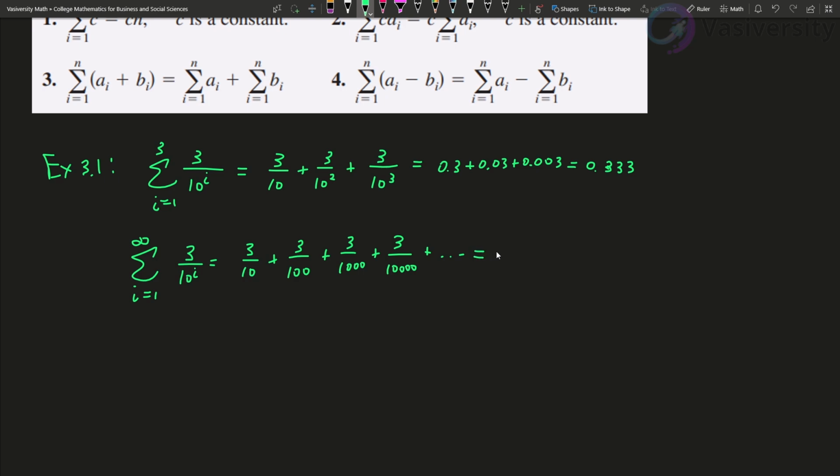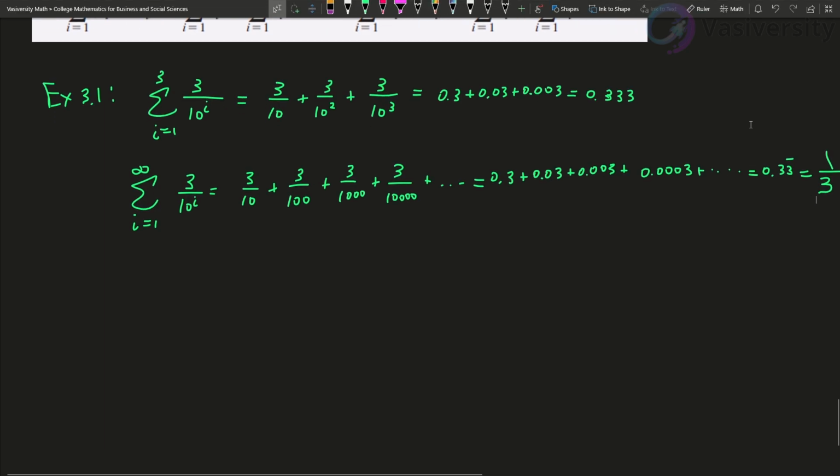So what we end up getting is 0.3 plus 0.03 plus 0.003 plus 0.0003 plus smaller and smaller. So essentially we're going to have a repeating 0.33, right? This means repeating. So that's essentially equal to 1/3.